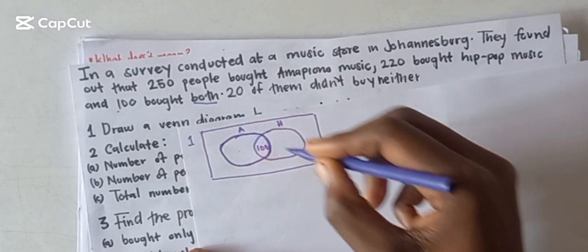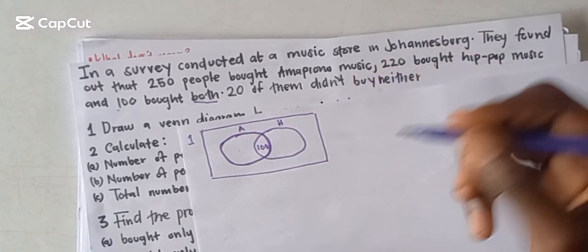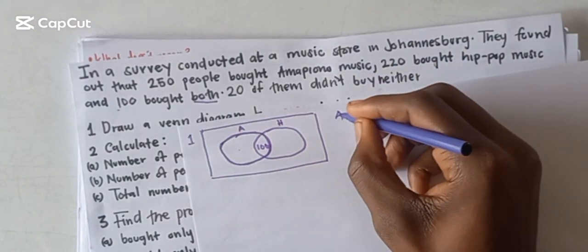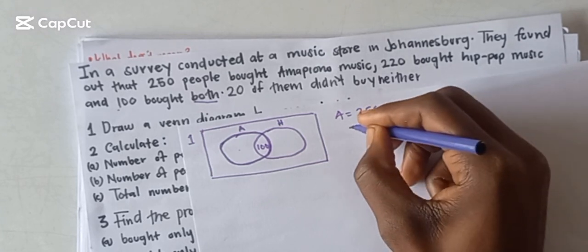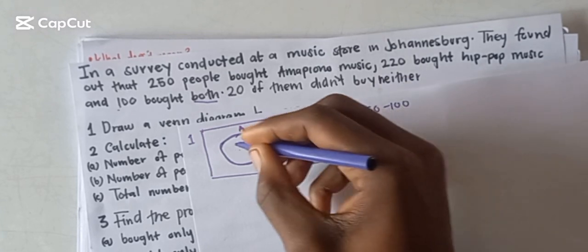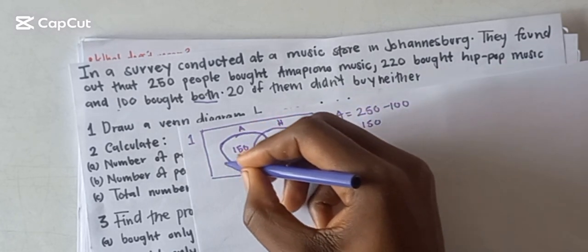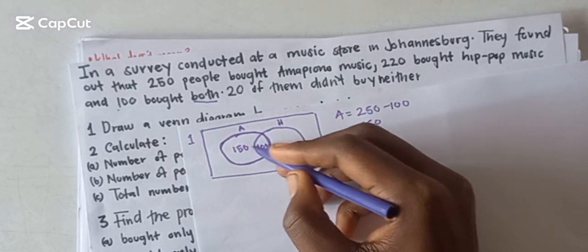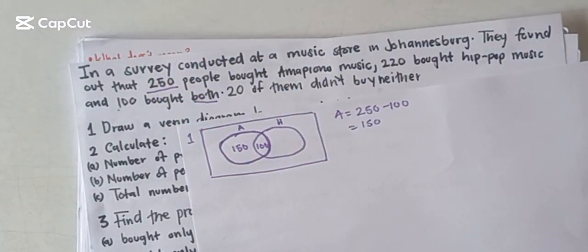So how many are left so that the total can be 250? To know that, you say 250 minus 100, and you get 150. If you put 150 here, the total of people who bought amapiano will be 250. I hope that one is clear.